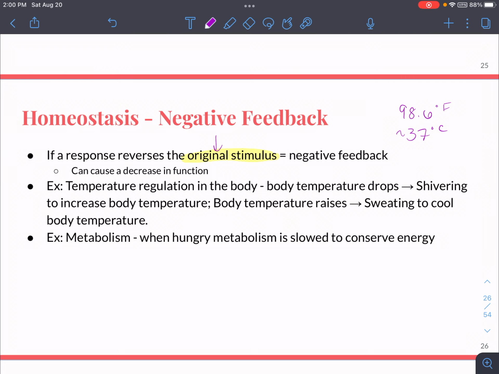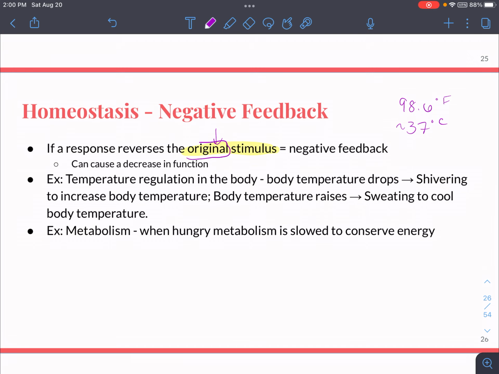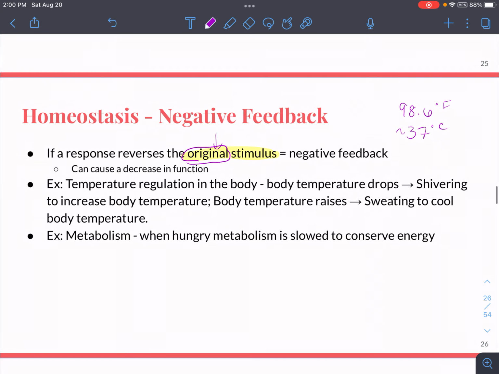It wants to get back to that original place where it was. Another example, your metabolism is a negative feedback. When you're hungry, but there's no food around, your metabolism starts to slow down to conserve energy.